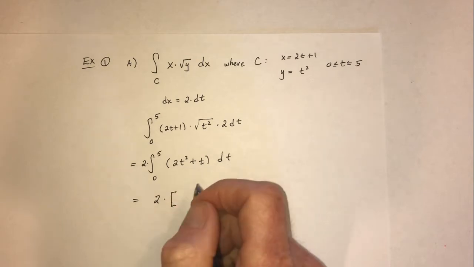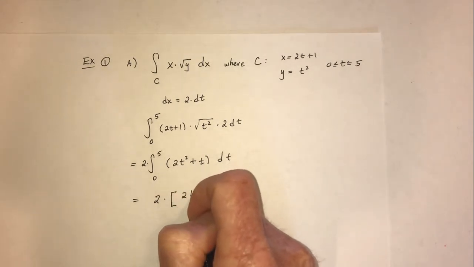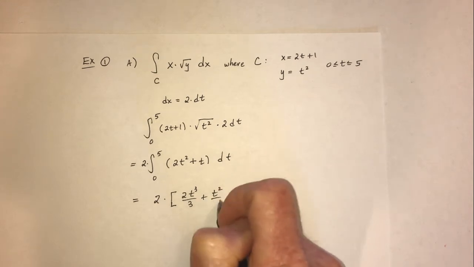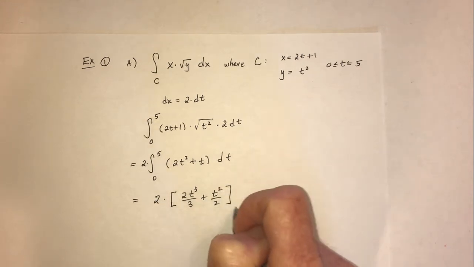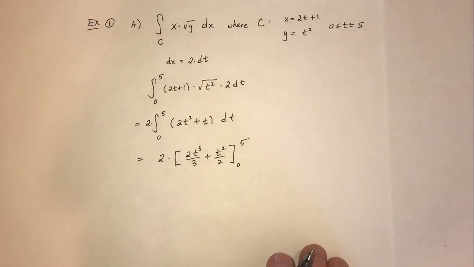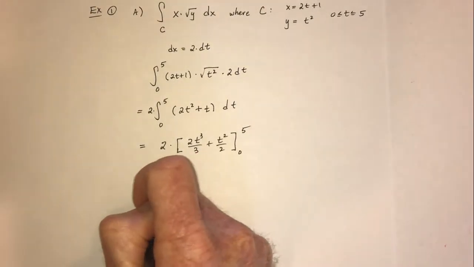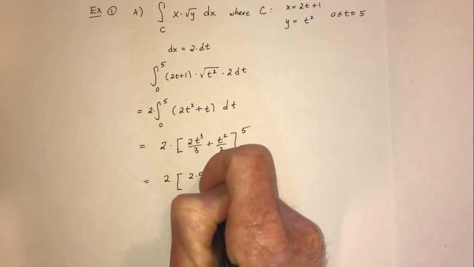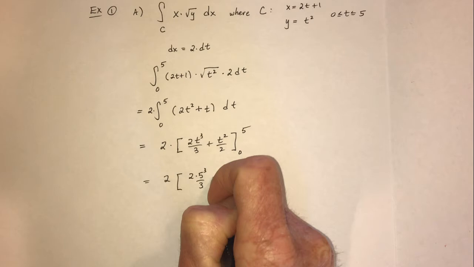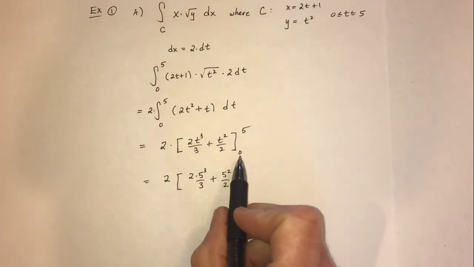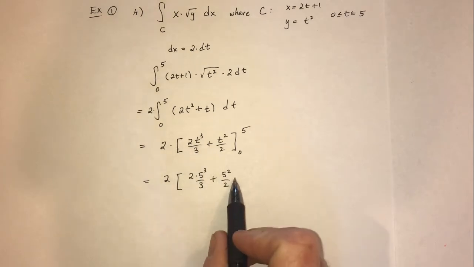So doing the antiderivatives, this one's going to be 2t cubed over 3 plus t squared over 2. And then it gets evaluated from 0 to 5. So that's going to be 2, and then 2 times 5 cubed over 3 plus 5 squared over 2. And then the 0 will just mean minus 0.